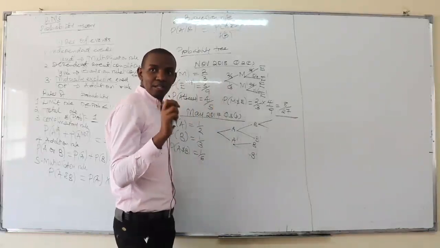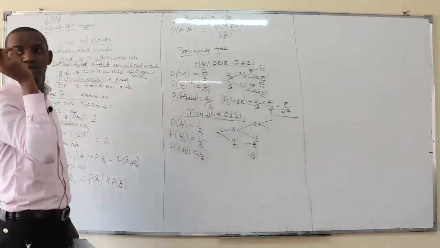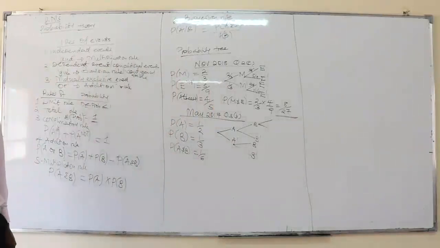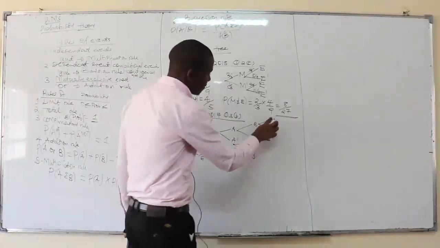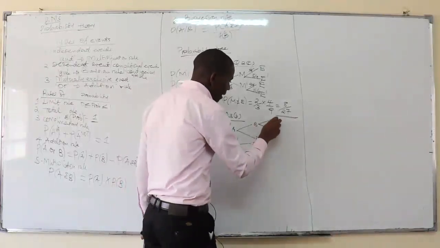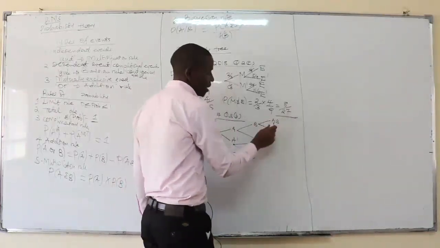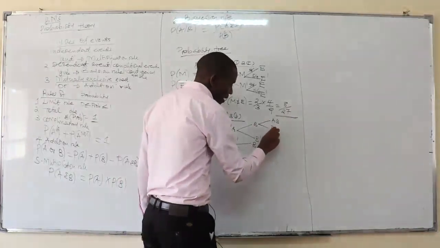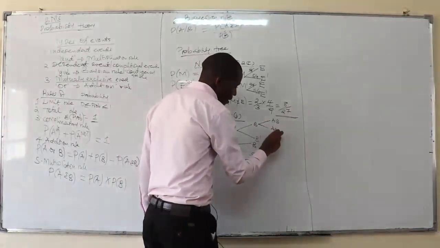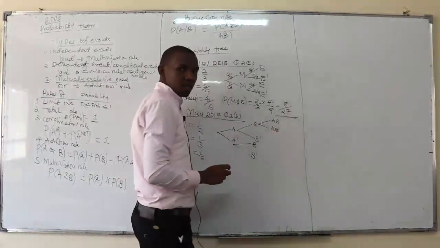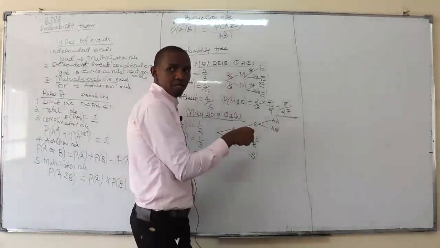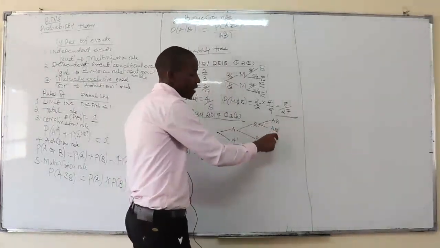So in that case, probability of A and B winning, there is also A and B not winning, both of them. Then having a tie, not having a tie.